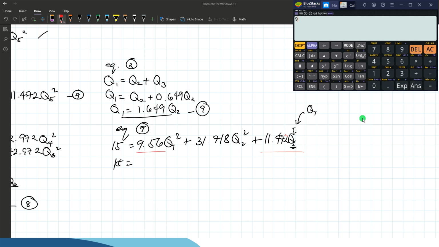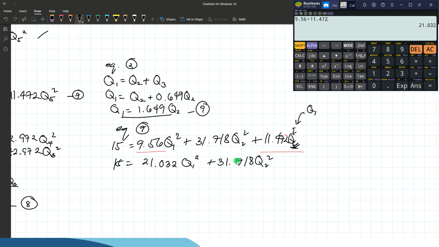We have now 9.56 plus 511.472, 521.032 Q1 squared plus 31.718 Q2 squared. So we've already eliminated Q5.